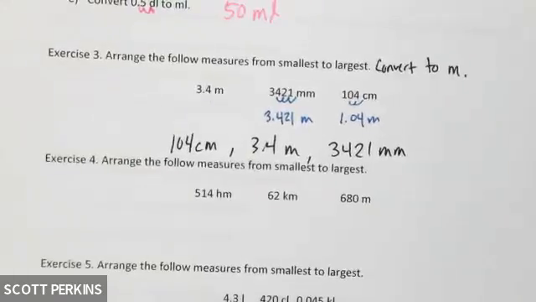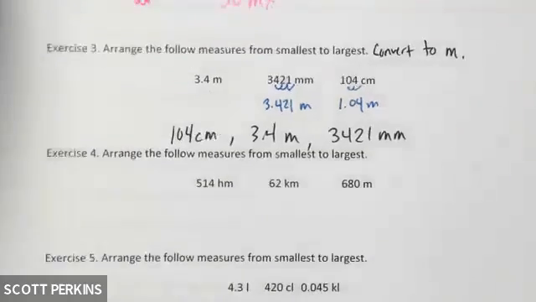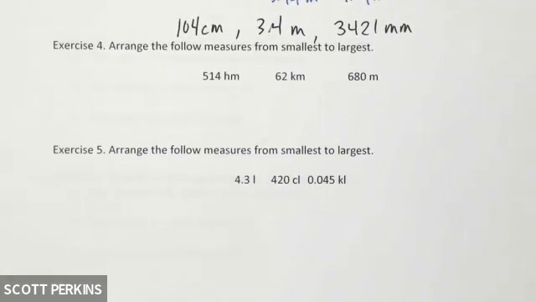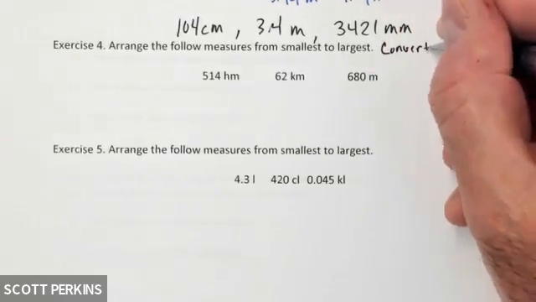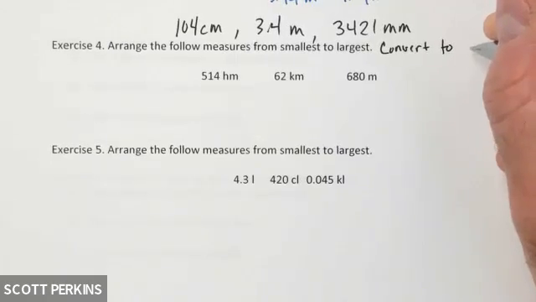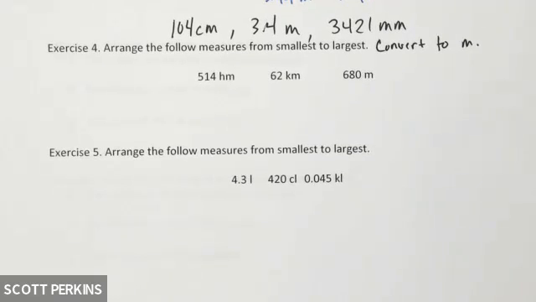So the exercise is just doing your conversions so that you can accurately compare the 3 things. Do the same thing in exercise 4. Again, so that we're all doing the same thing, convert to meters. You don't have to if you don't want to. You can convert to anything. Our answers will end up being the same.